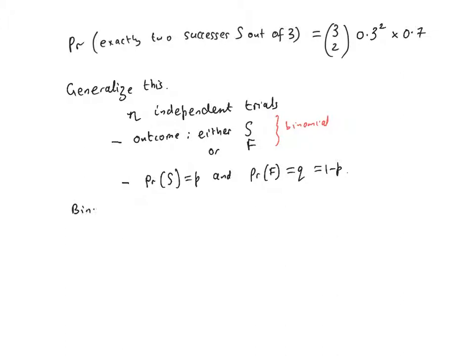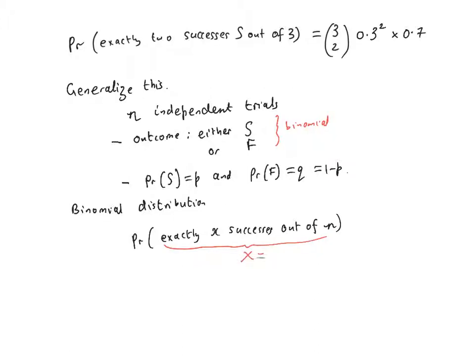Then the binomial distribution tells us that the probability we get exactly x successes out of n, which could be written more succinctly as probability X equals little x, is given as n choose x, so the number of ways of choosing the places for the x successes, p to the x, so you've got x independent successes, each of which has probability p, q to the n minus x, so the remaining n minus x have to be failures, which takes place with probability q.